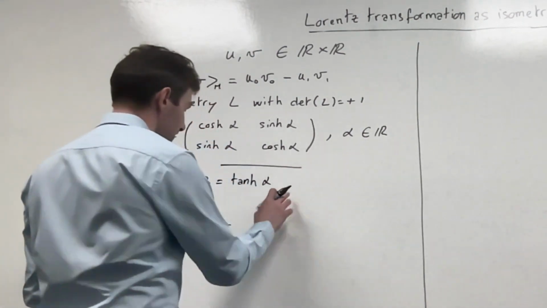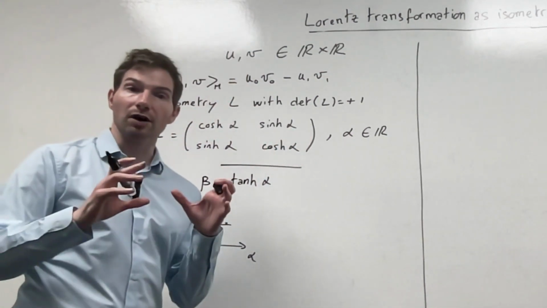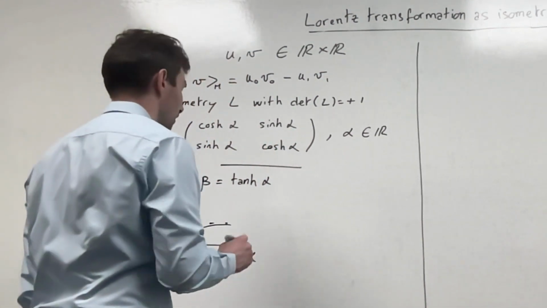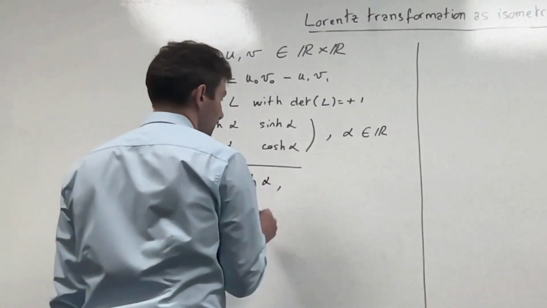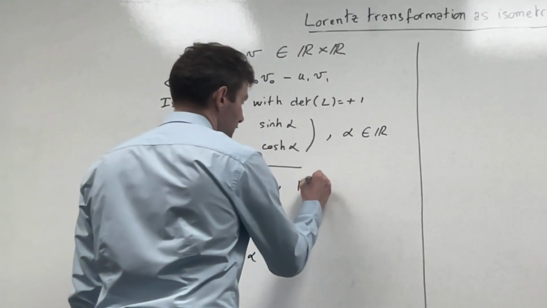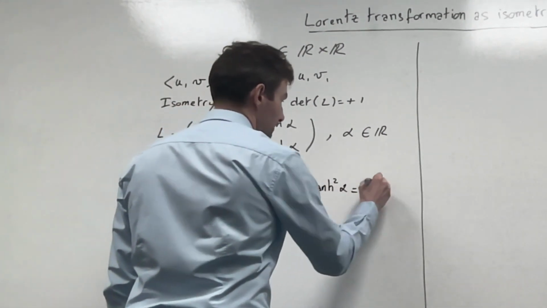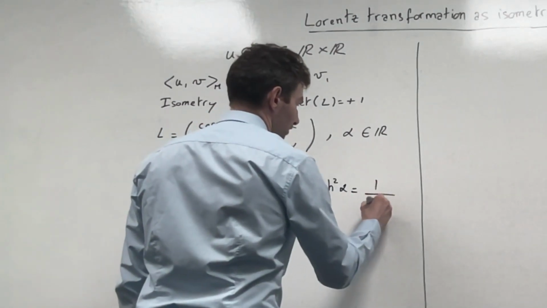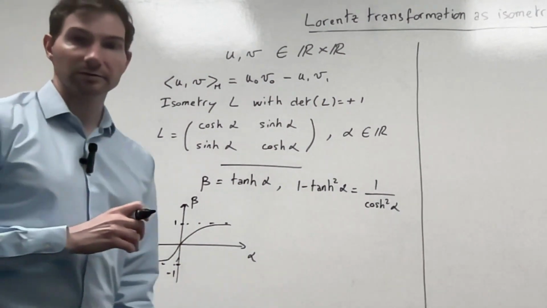So here at that stage, what we need to do is remind ourselves of some properties of this hyperbolic tangent. So for example, we have that 1 minus tanh squared alpha is equal to 1 over cosh squared alpha.